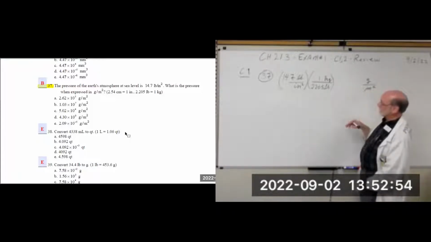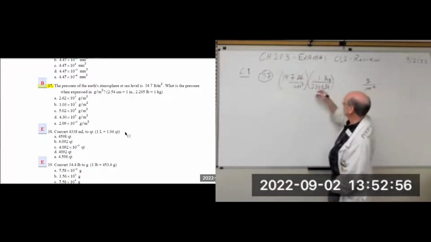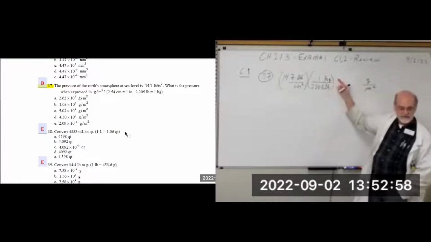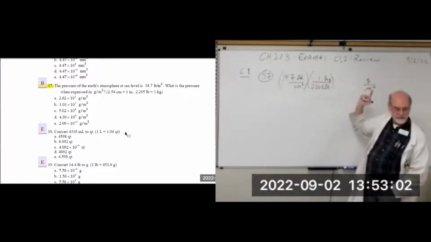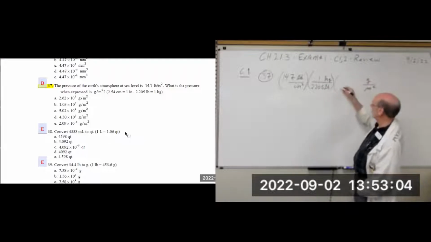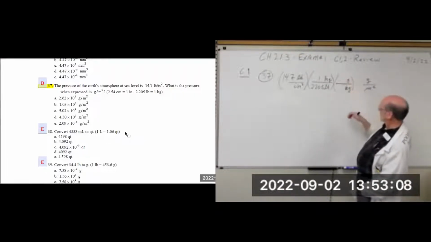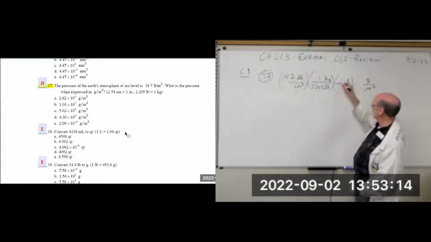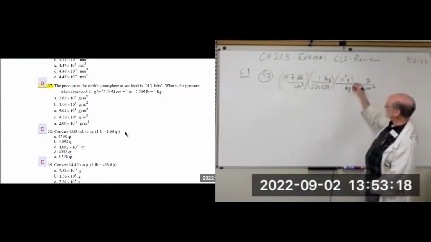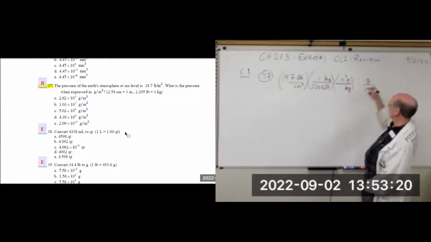Well, that did get us into the metric system, but it's still not there. So now we need to convert kilograms to grams. Kilograms, grams. So how many grams in a kilogram? Okay, now we're good. We've got that unit there.